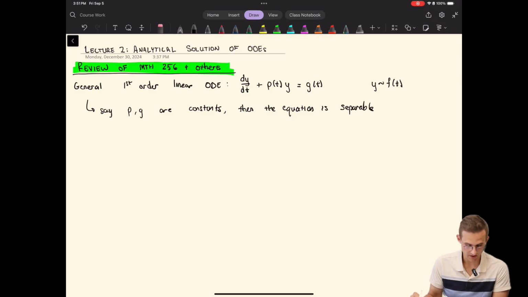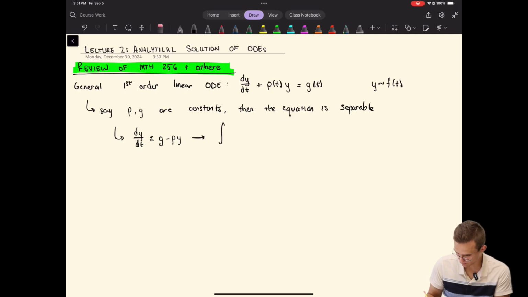Then the equation is separable, and you can just move the dependent and independent variables to either side and integrate. So in this case, you would have dy/dt is equal to g minus p times y. And to solve this, we go 1 over (g minus p times y) dy is equal to the integral of dt.